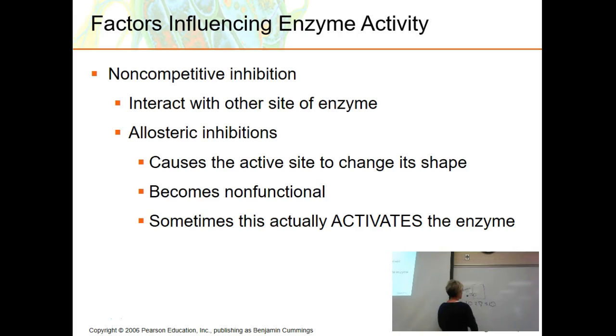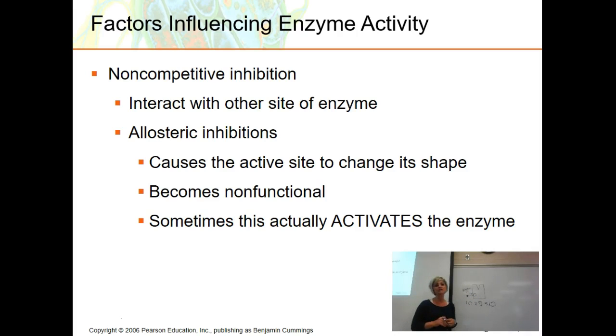And now it's going to change it to that. Well, do I have a substrate that can bind to that? Yes. So then, I actually took an active and turned it inactive. Or I can take an inactive and turn it active, like that one.